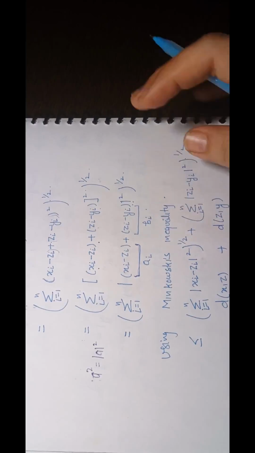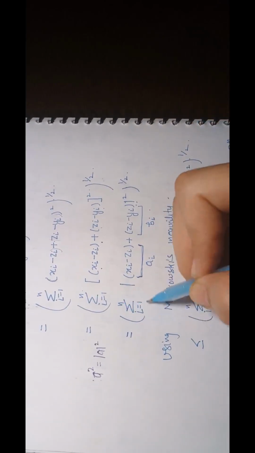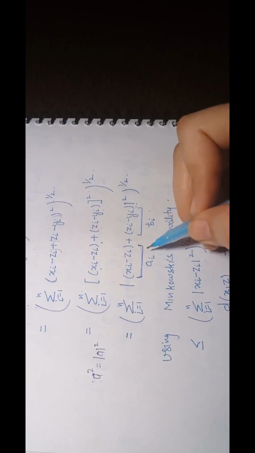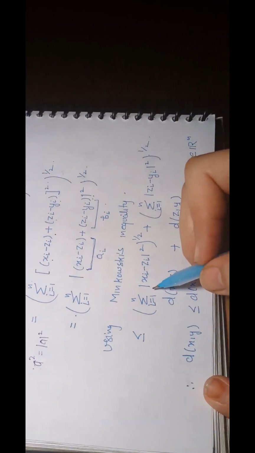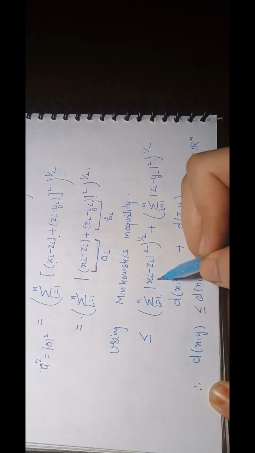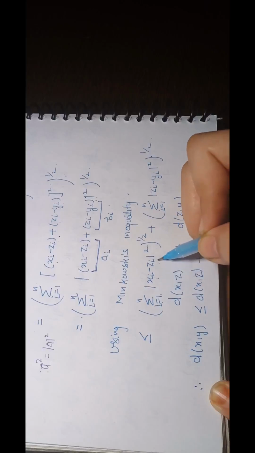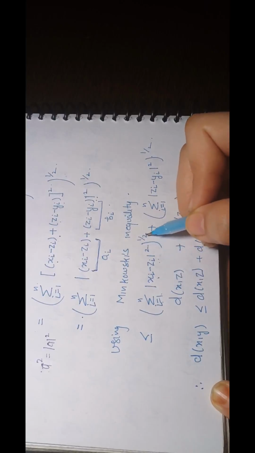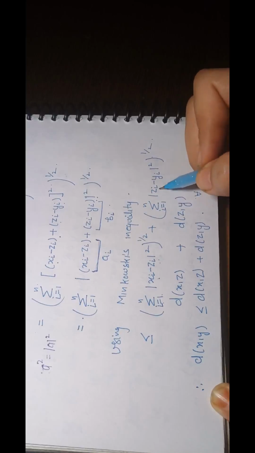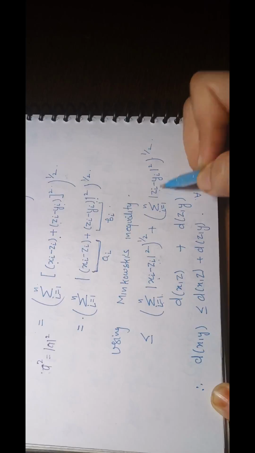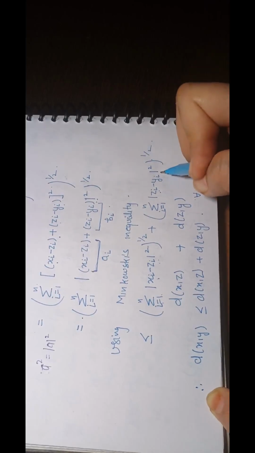What I have written in Minkowski's inequality, I can separate whole of this for ai and for bi. So this is less than or equal to the summation, i varying from 1 to n, of mod ai square, to the power half, where mod ai is mod of xi minus zi, plus the summation, i going from 1 to n, of mod bi square, to the power half, where mod bi is mod of zi minus yi.